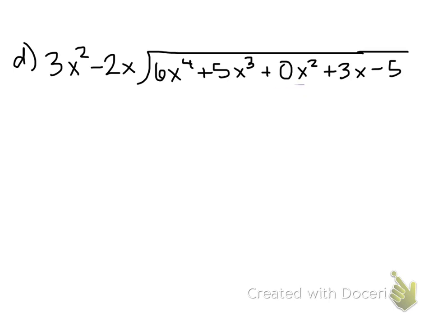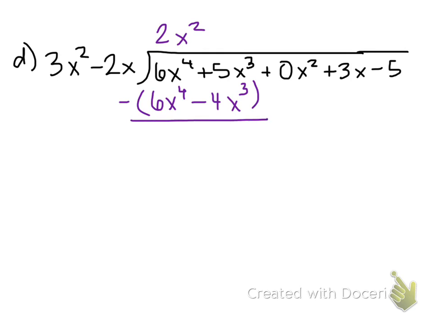So going through this example, over here we would have a 2x squared because that's what's going to give me the 6x to the 4th that I need. This will be minus 4x cubed. So they cancel. I have 5 minus a negative 4, which will be 9x cubed.